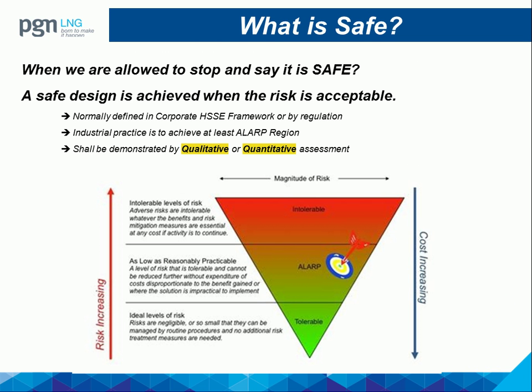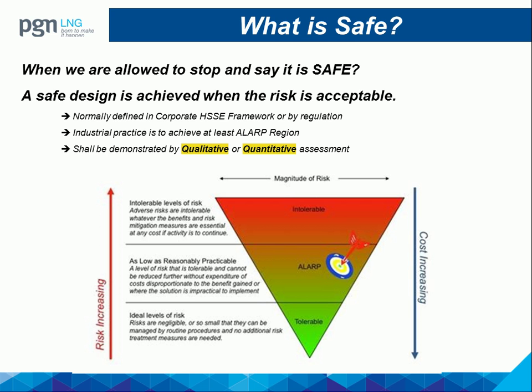This is also interesting: sometimes people challenge us, asking, is that safe enough, so what is safe? When are we allowed to stop mitigating or stop finding a solution and say, my design is safe? A safe design is achieved when the risk is acceptable.